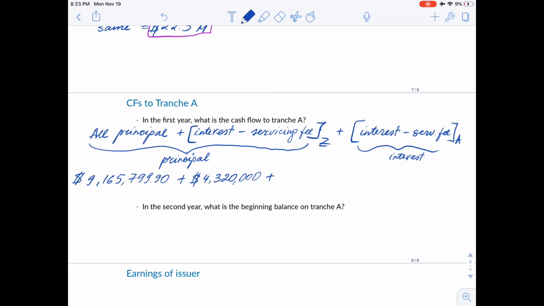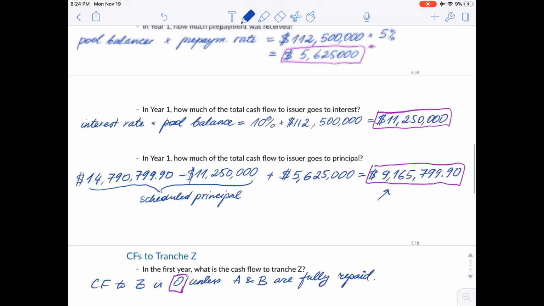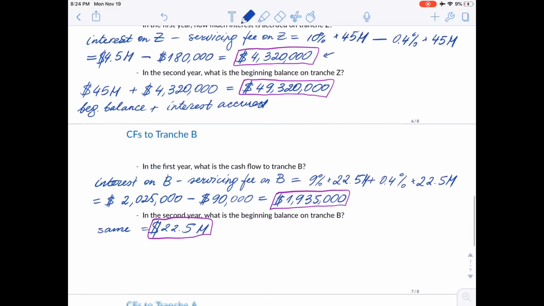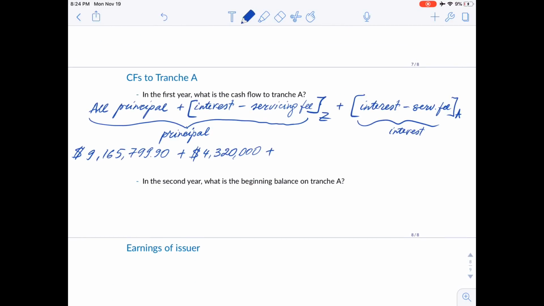And then we need to compute the interest minus servicing fee on A. So the interest rate on A, we have to go back and see what it was. The coupon was 8.25 and the balance was $40.5 million. So it's 8.25% times $40.5 million. And it has to pay the servicing fee, which is 0.4% times $40.5 million.